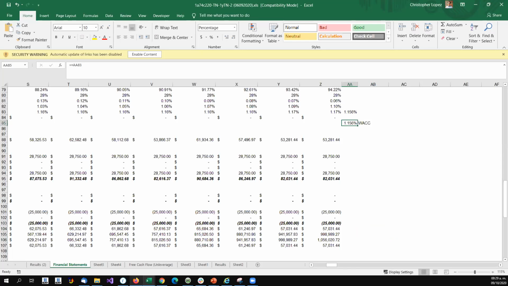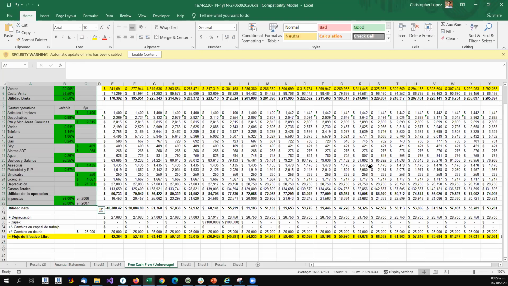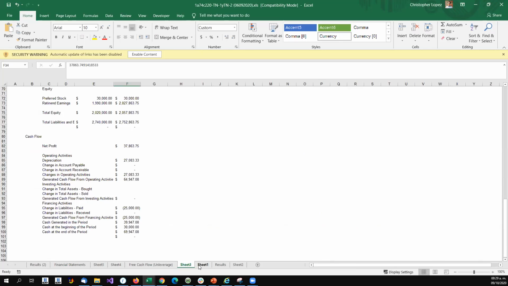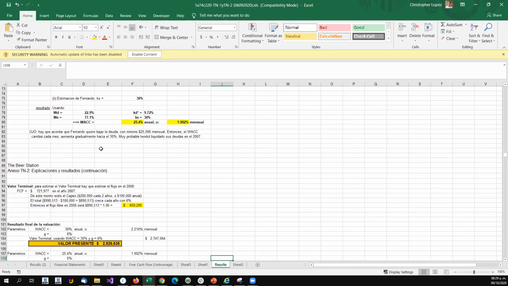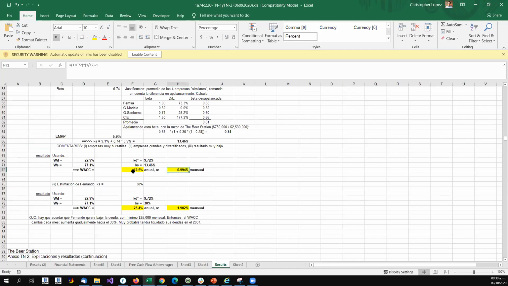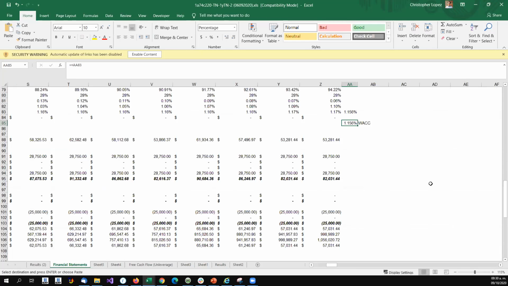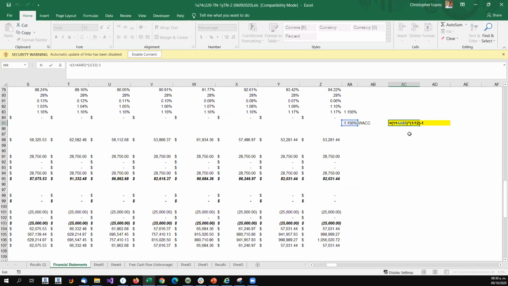So wait for me a second. I need to analyze my WACC for this. So I have it here, only WACC, and I'm going to take this formula and put it here. This is monthly, right?